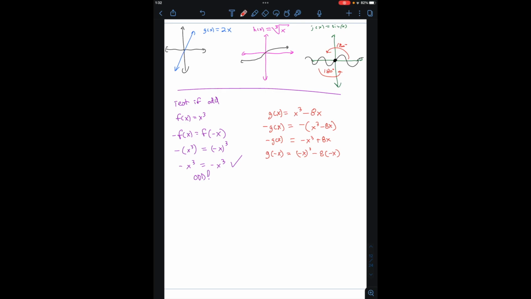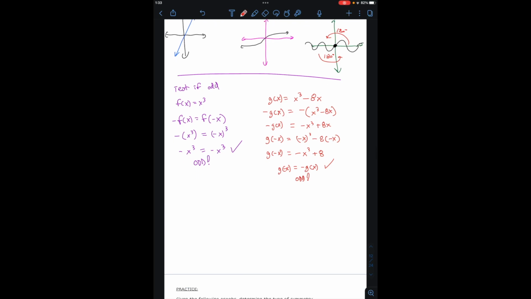Negative x cubed, we said, is the same as negative x cubed, and then minus 8 times negative x gives me plus 8x. So we do find, in fact, that g of negative x equals negative g of x. Checks out, therefore it is odd.